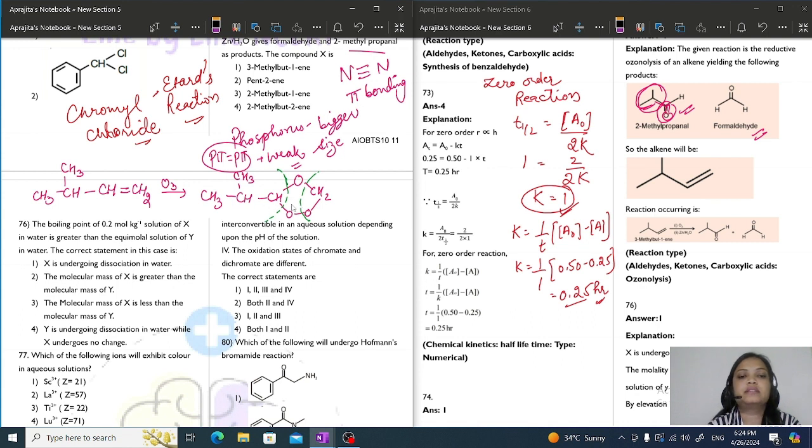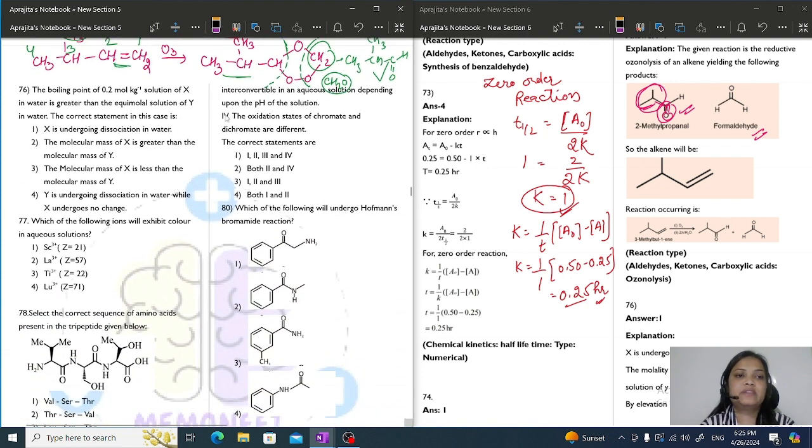So in this case you will be getting CH3 CH CH3 CHO, and plus CH2O, means it's formaldehyde. So that is the case that is happening here. So your alkene is 3-methyl but-1-ene. Like here you can see 1, 2, 3, 4. So it's 3-methyl but-1-ene. So answer is option number first.